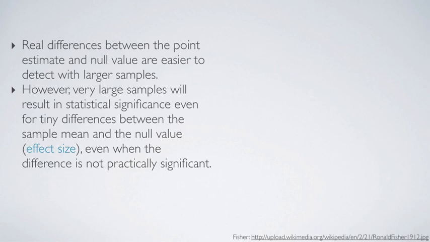So in order to make sure that your findings don't suffer from this problem of being statistically significant but not practically significant, oftentimes what we do is some a priori analysis before the actual data collection, to figure out, based on characteristics of the variable you're studying, how many observations to collect.